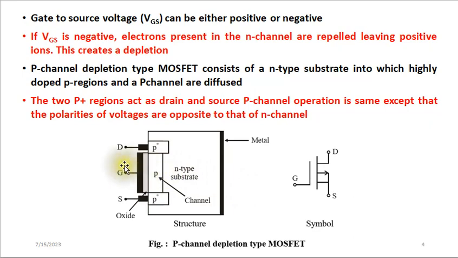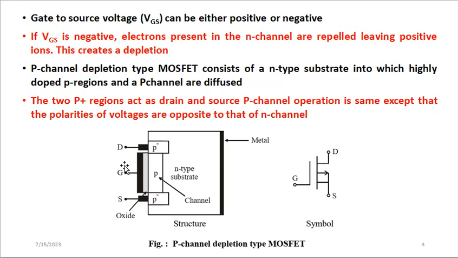But I want you to know that the depletion type MOSFET can be operated in two modes. It can be operated in enhancement mode, and it can be operated in depletion mode. Try to differentiate mode and type. With respect to type, we have two.